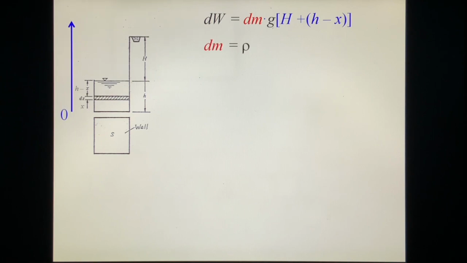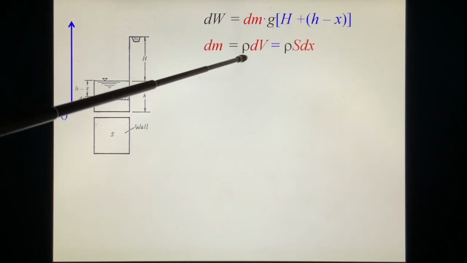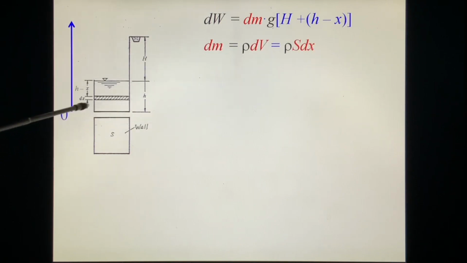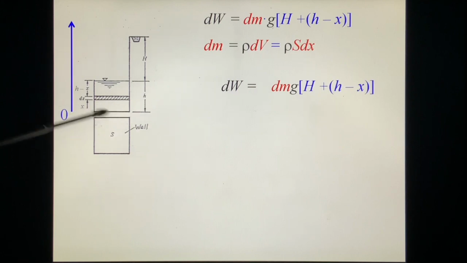Same thing, dm, the mass, equals volume times density. The volume of this layer is S dx. Okay, we put everything inside. And this is the work done on this layer. We have to cover everything. That means x changes from 0 to small h.